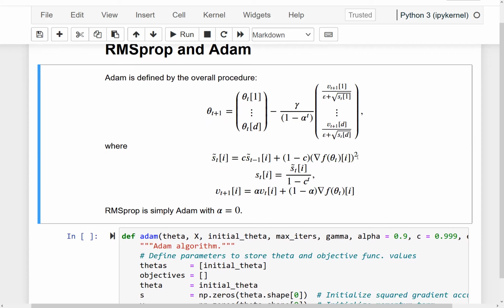Almost, because you also have some bias correction. So this s tilde t, what you see here, is exactly an exponentially decaying average of the past squared gradients. Now you see it here. But this is then divided by 1 minus c to the power t, which is then correcting for a bias.